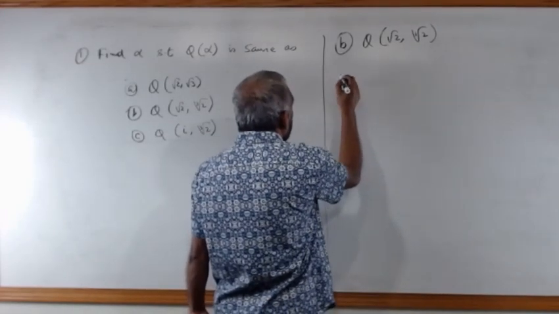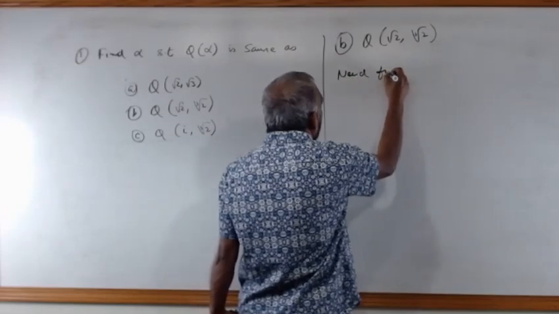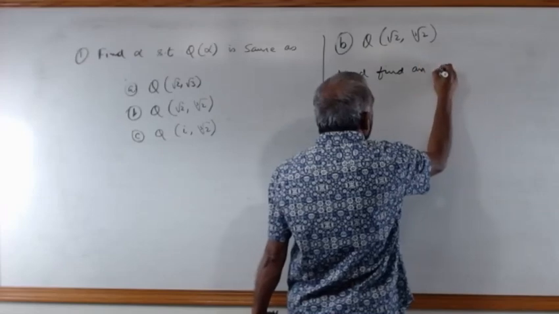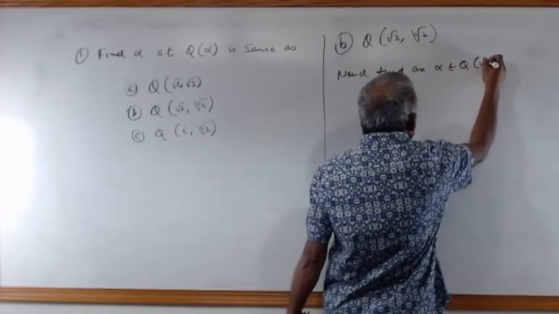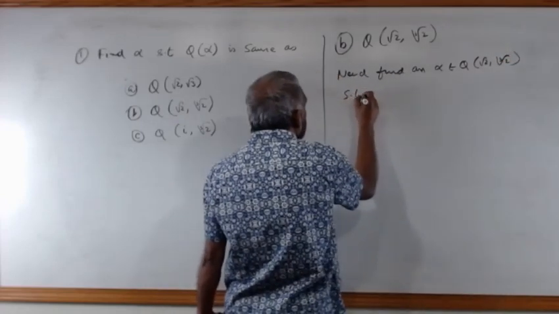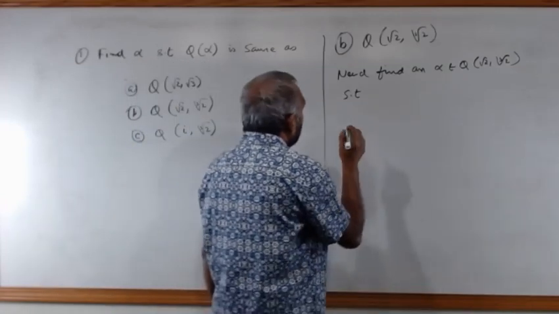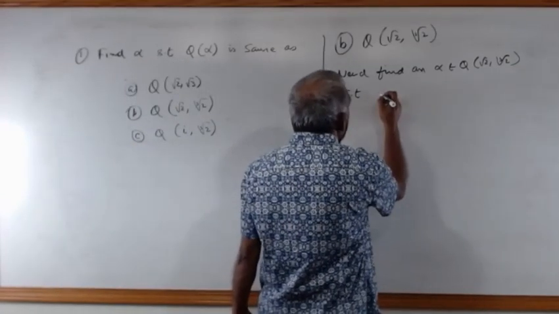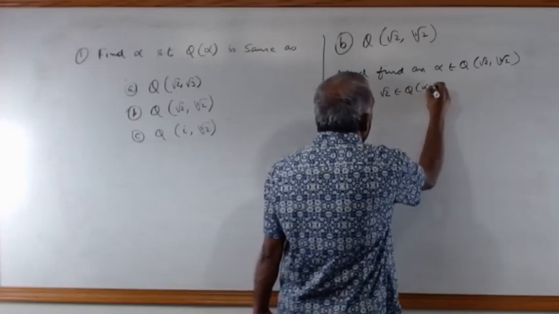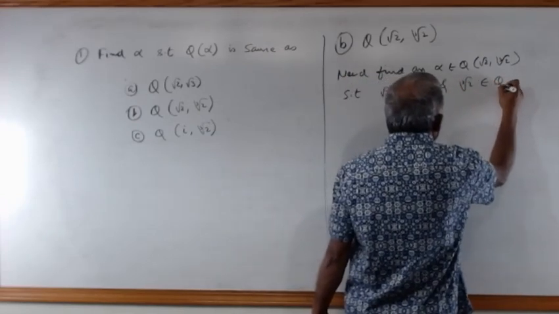Again, we need to find an alpha that belongs to Q of root 2 comma cube root of 2 such that root 2 belongs to Q of alpha and cube root of 2 belongs to Q of alpha.